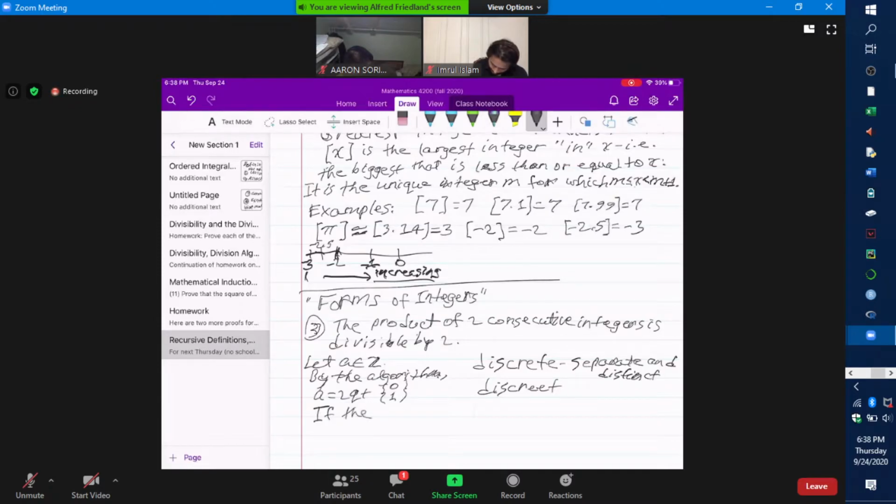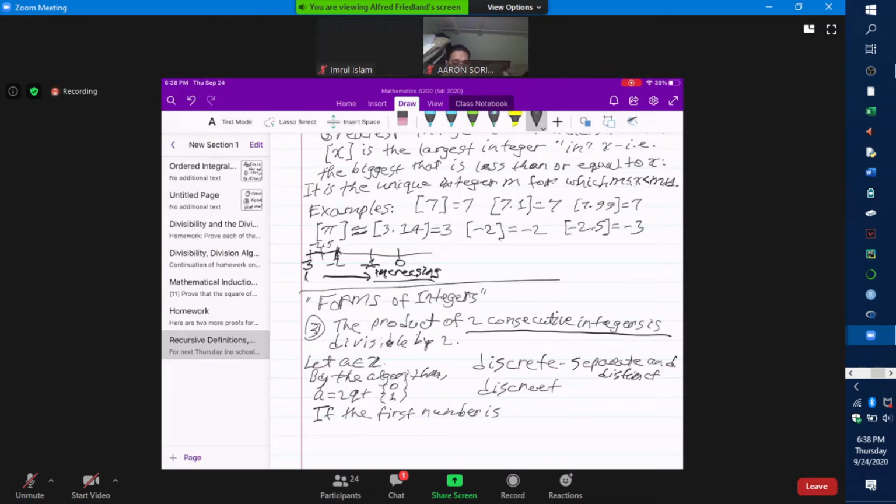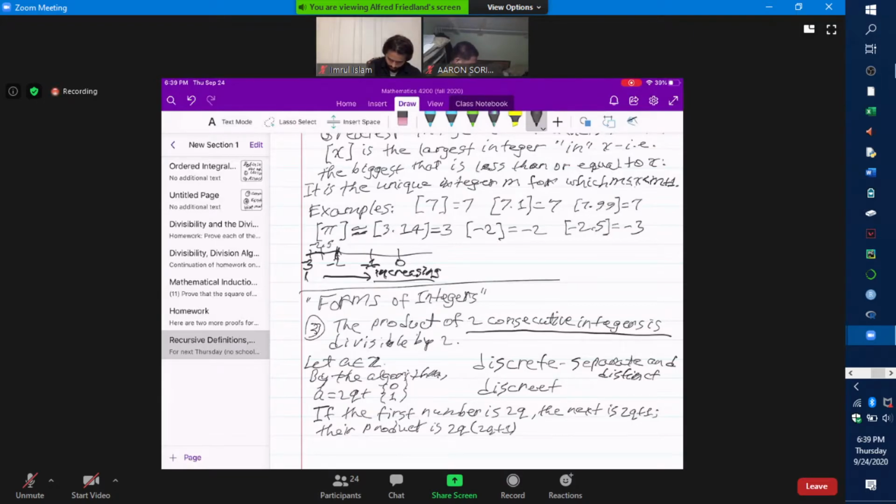If the first number over here, 2 consecutive integers, if the first integer is of the form 2Q, the next consecutive integer is 2Q plus 1, and of course, their product is 2Q times 2Q plus 1 equals 2 times.